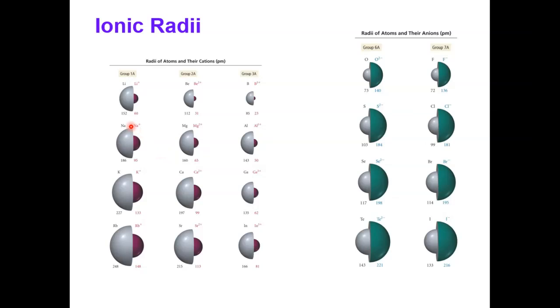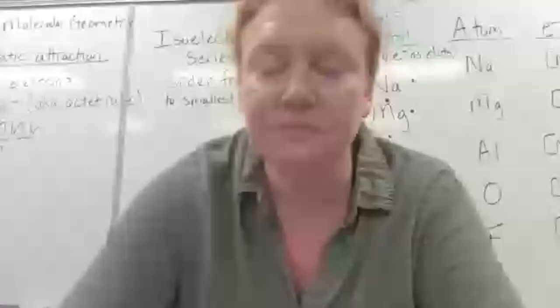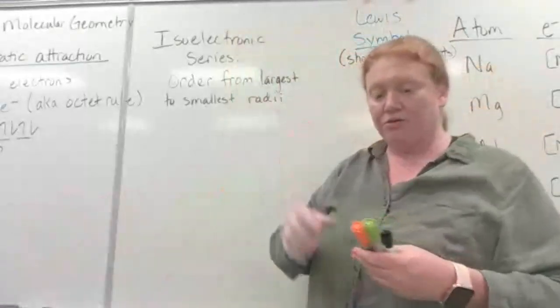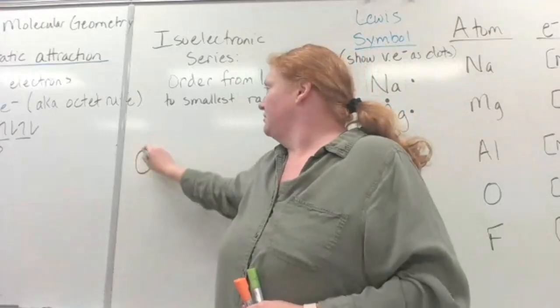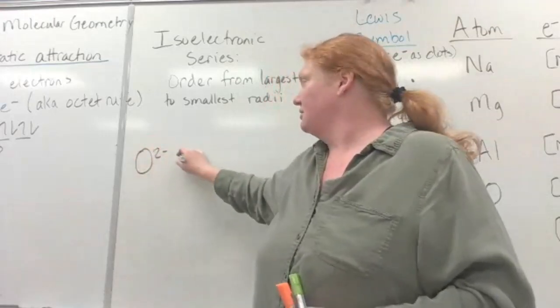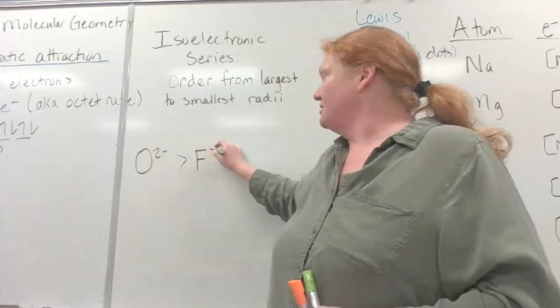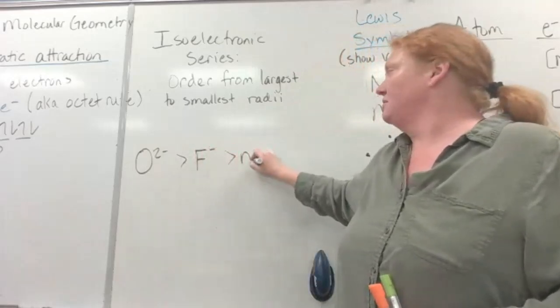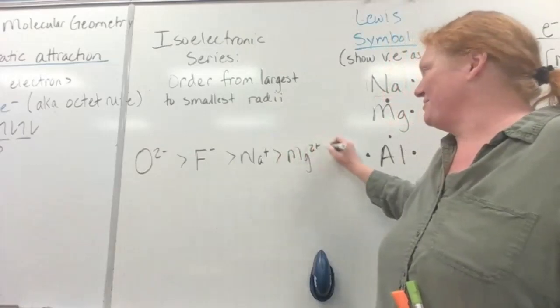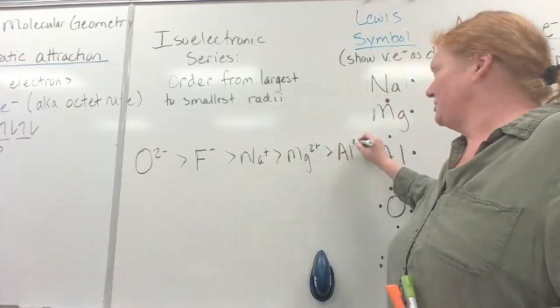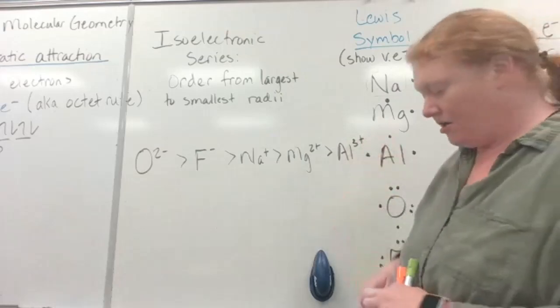And then, of course, the cations are smaller and they decrease in size, moving left to right as well. And so, if I order this series from largest to smallest, the largest should be O2-, is larger than F-, is larger than sodium ions, then magnesium ions, then aluminum ions.